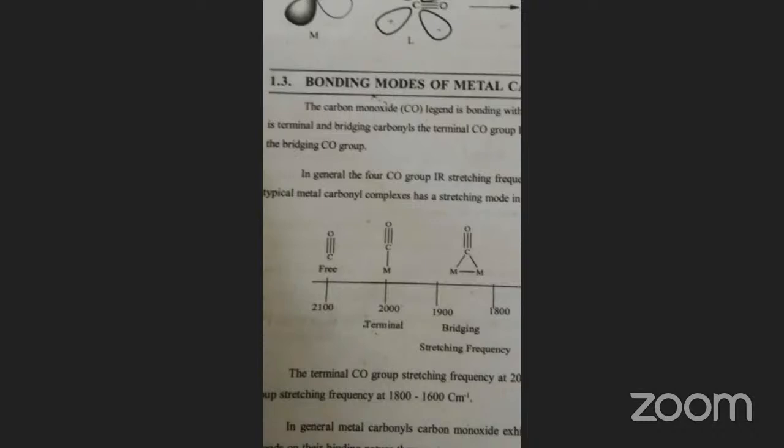If a bridged bond is present, then the stretching frequency vibrations are in between 1900 and 1800. If a triple bridge is present, then we get 1700 to 1600 centimeter inverse.